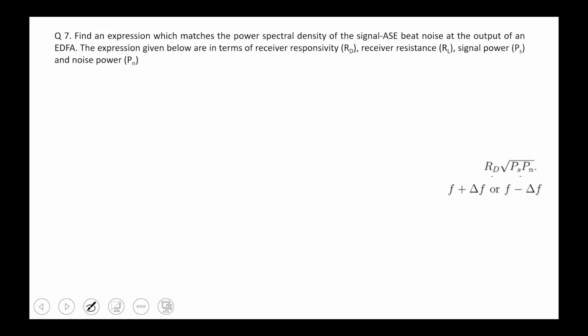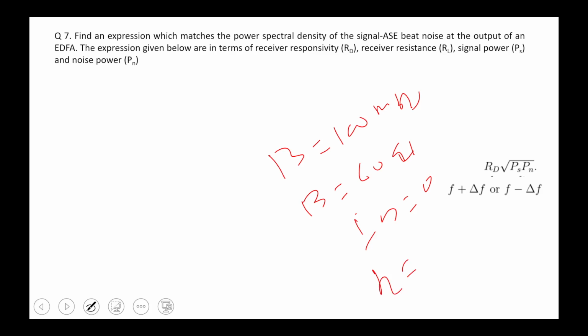So the bit rate you have to take as 100 Mbps, and the effective noise bandwidth 60 megahertz. The PIN photodiode has negligible dark current, ID equal to 0, and quantum efficiency equal to 90%.